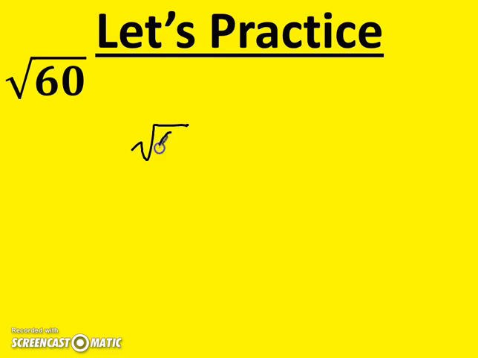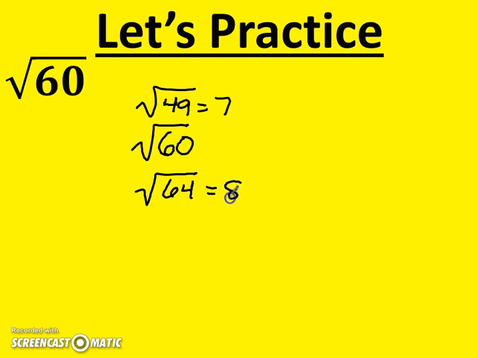The square root of 60 is a non-perfect square root. It is between the square root of 49, which is 7, and the square root of 64, which is 8. This was step 1, determining what two perfect square roots and whole numbers the non-perfect square root is between, so that we know what whole number value this square root has.